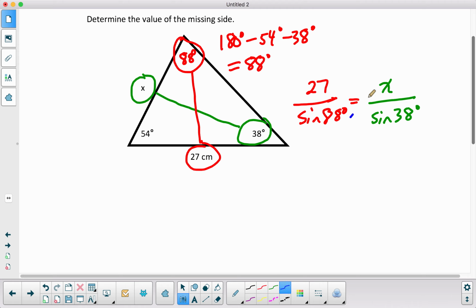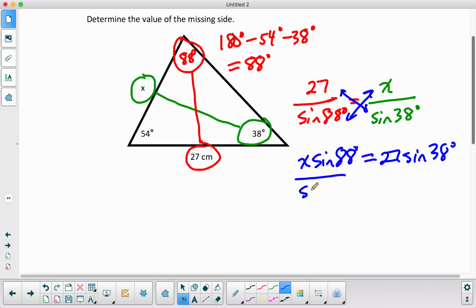Okay, and of course we just cross multiply in order to solve for x. So we have x times sine 88 degrees is equal to 27 sine 38 degrees. And to get x by itself, we just divide both sides by sine 88 degrees.